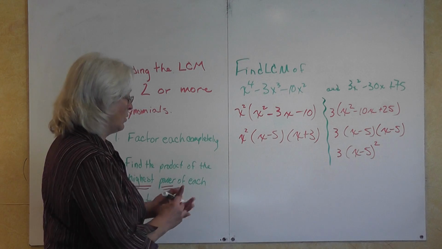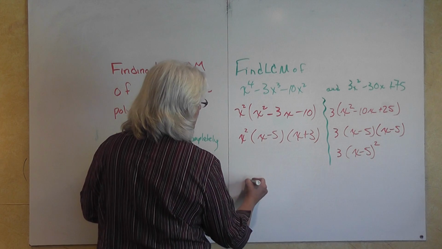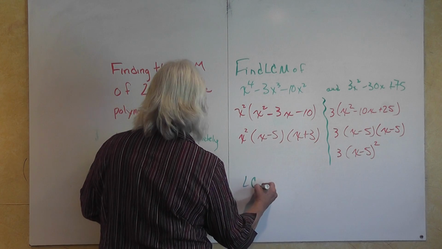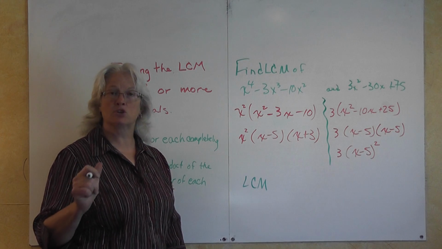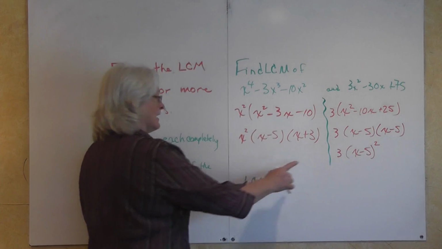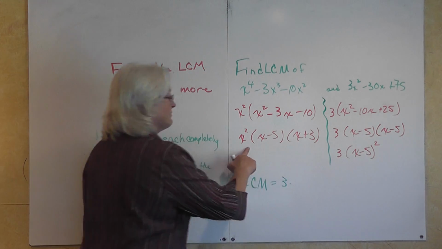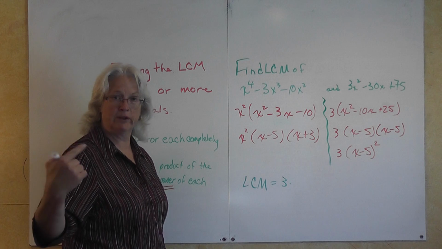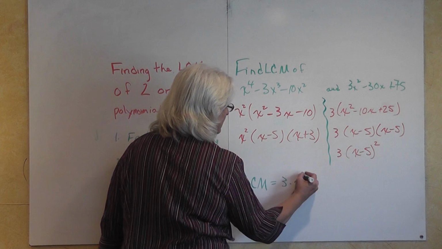So now, what is our least common multiple going to be? It's going to be the highest power of each factor. What factors do we have? We have a factor of 3. We have a factor of x, only occurring once, so we use its power here, x squared, 3 times x squared.